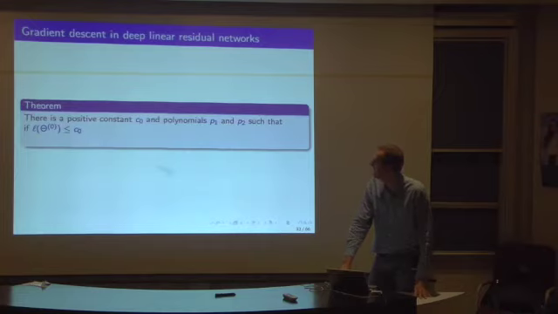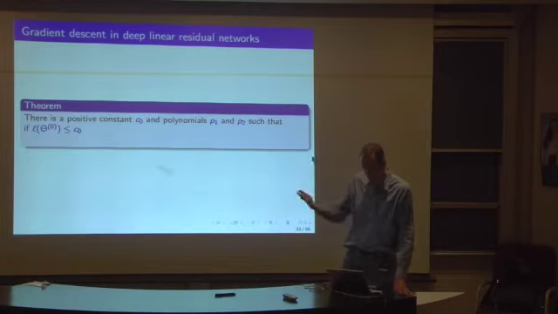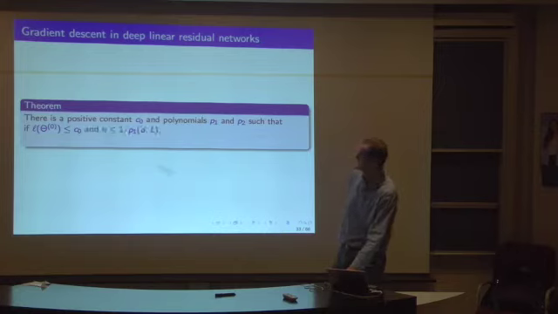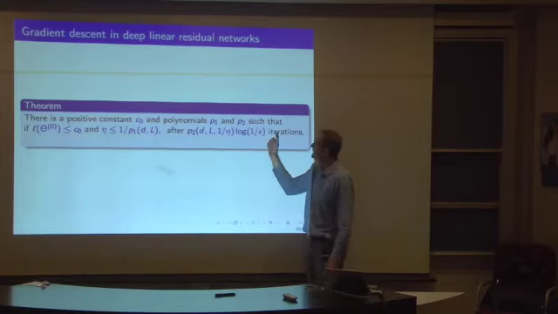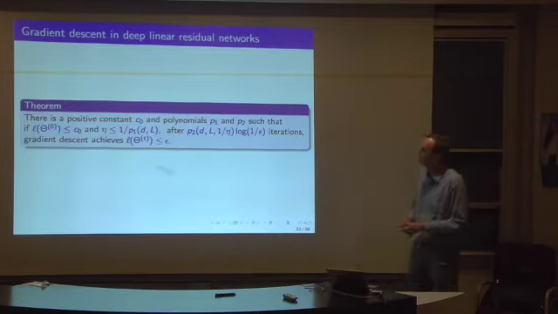And the result is that there's some constant and some polynomials, so that if you start out with the loss, this squared Euclidean norm, below this constant, and you have your step size sufficiently small, then after not too many iterations, depending only logarithmically on epsilon, you can get to within epsilon of the optimal.